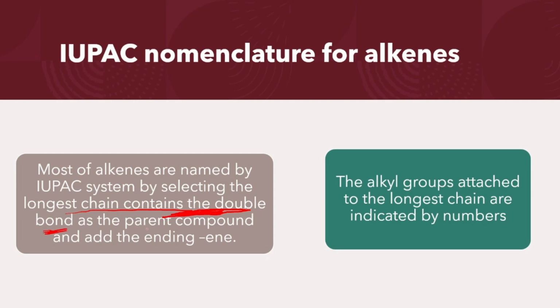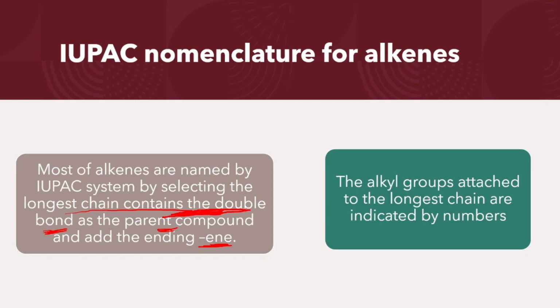This longest carbon chain that contains a double bond will be the parent compound. We will put the name that corresponds to the number of carbons, and then we will put the ending ene. For example, if the longest carbon chain in the compound is hex, we will add the ending ene instead of ane in the case of alkanes.